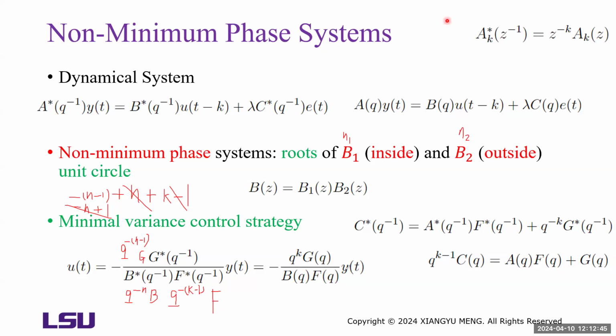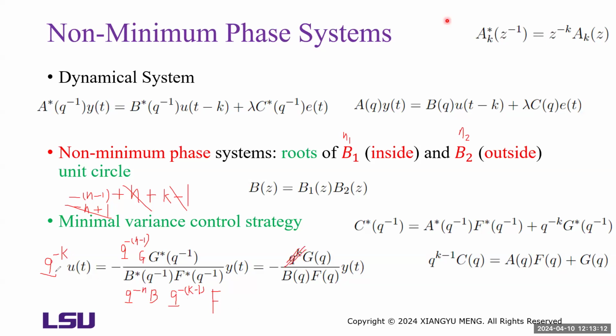Now let's introduce this control law into the dynamic equation. So u(t) is negative q^k times G over B F times y(t). Let's multiply q to the negative k on both sides of the equation. Then this is 1.